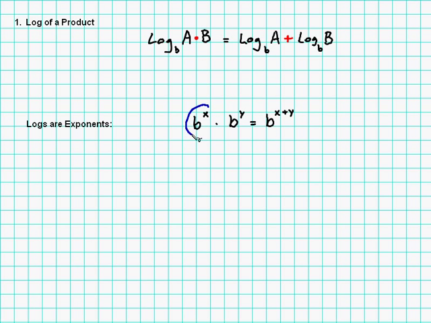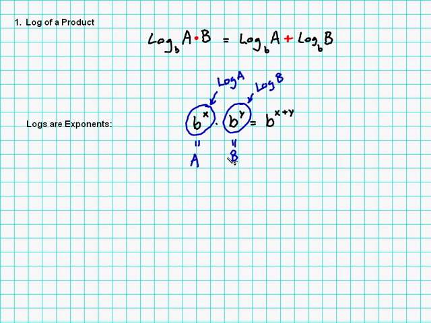So for instance, if I take this entire number, and let's call that A, and let's take this entire number, and let's call that B, then notice that for the base b, x is actually the log of A. In other words, this is the exponent that this base has to be raised to give us A, right? And similarly, y is the log to this base of B.